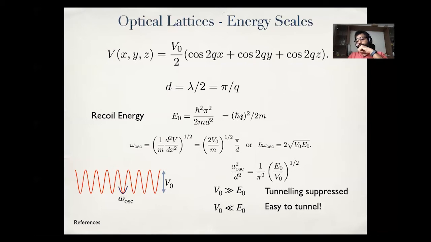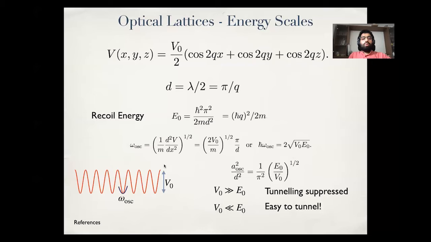If I absorb a photon of ħq, my atom will feel an energy change of (ħq)² by 2m. So this is called the recoil energy. Also, in another way, this tells you how localized your lattice spacing is, as in how tight your lattice is. So this D also gives you a sense of the lattice constant.